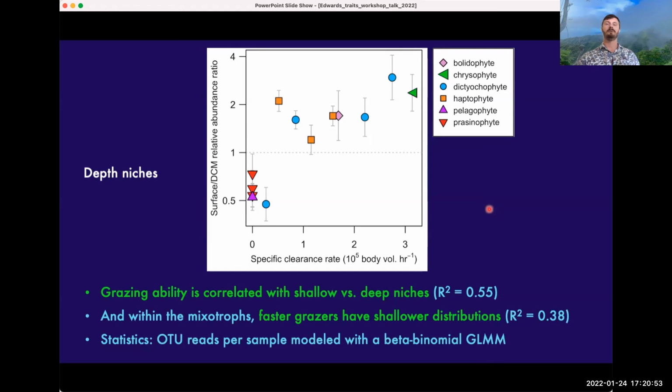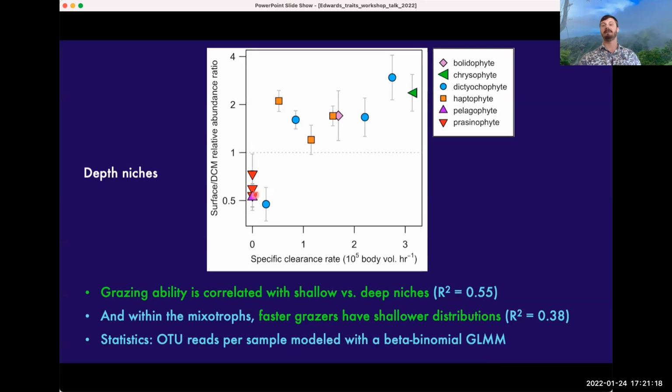And then we can get a little more quantitative comparing the grazing abilities, so the specific clearance rate when you're consuming Prochlorococcus, and compare that to the ratio of relative abundance at the surface relative to the DCM. So above this line, these are things that have shallower distributions.